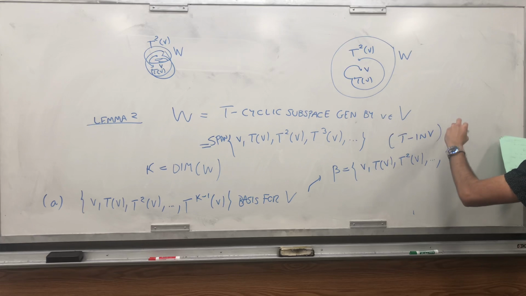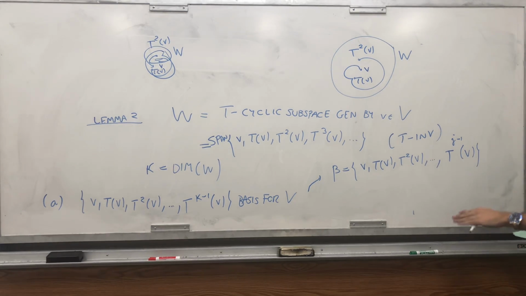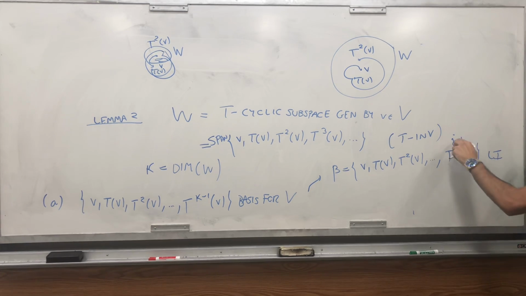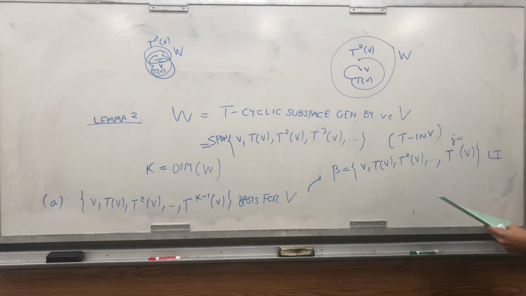So write this as up to T^(j-1) of v, the largest linearly independent set you can produce by applying T. So j is the biggest one such that this is linearly independent. Possibly j is 1, which is okay.